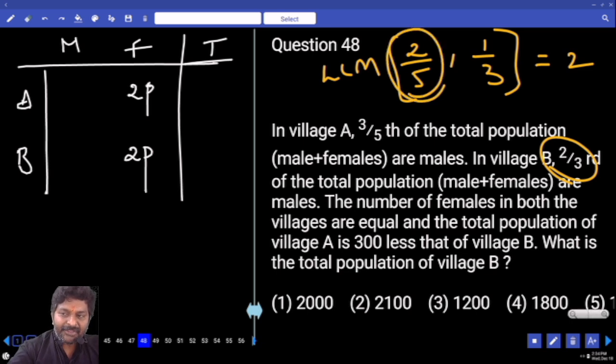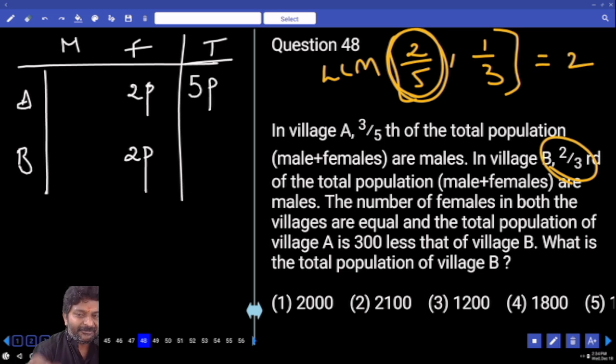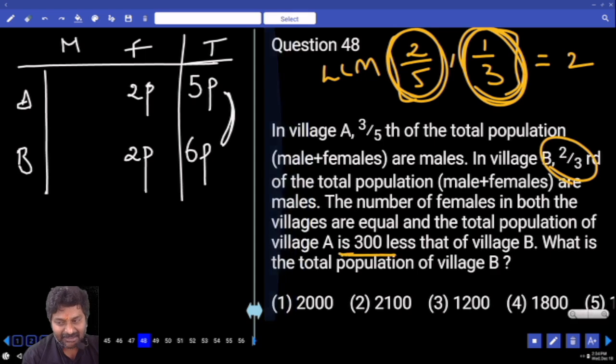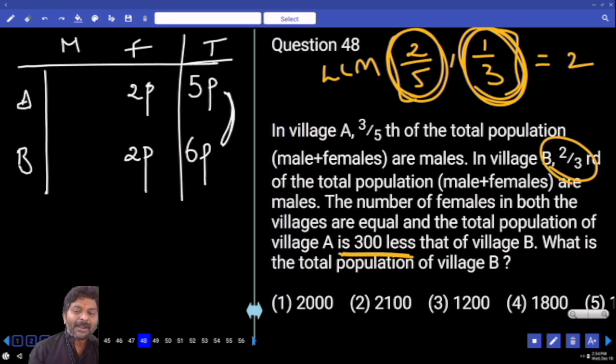So if 2/5 of the total is equal to 2 parts, the total is 5 parts. If 1/3 of the total is 2 parts, the total is 6 parts. The difference is equal to 300, so if 1 part is equal to 300, 6 parts is equal to, that's it.